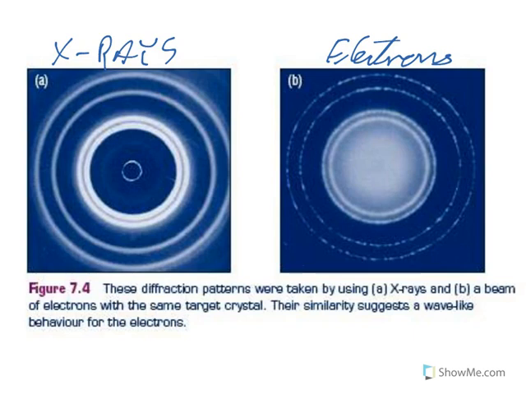The pattern's the same, though. Look at these outer rings: there's a double ring here, a double ring there. So it shows that there is a diffraction pattern with electrons, albeit not quite as clear as with X-rays.